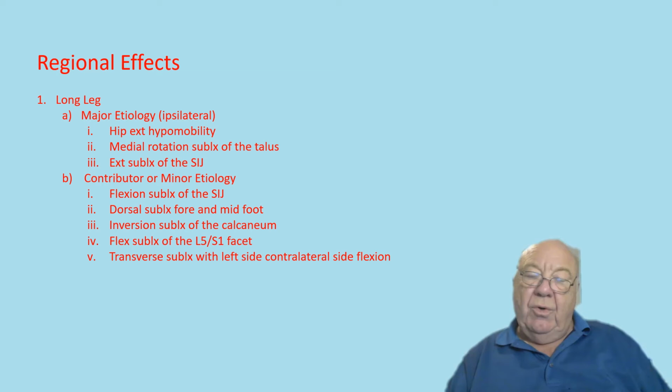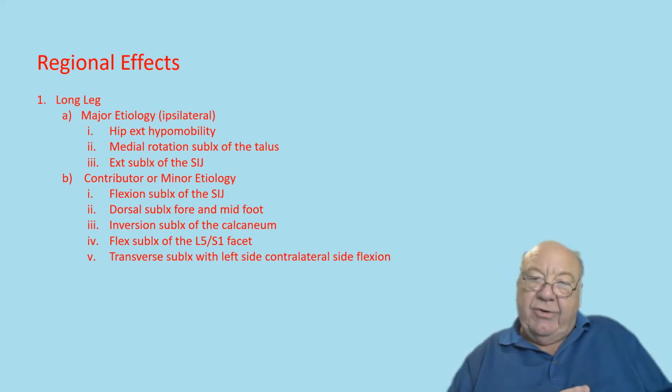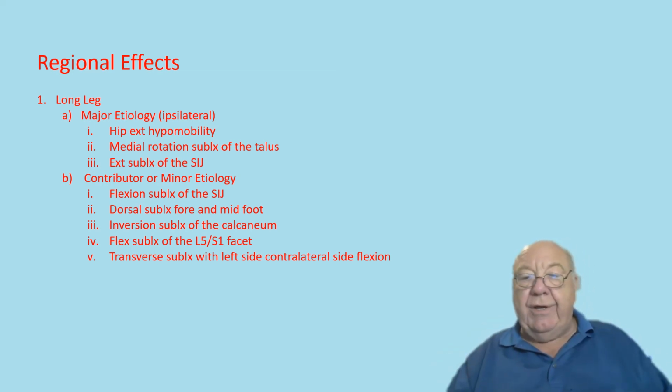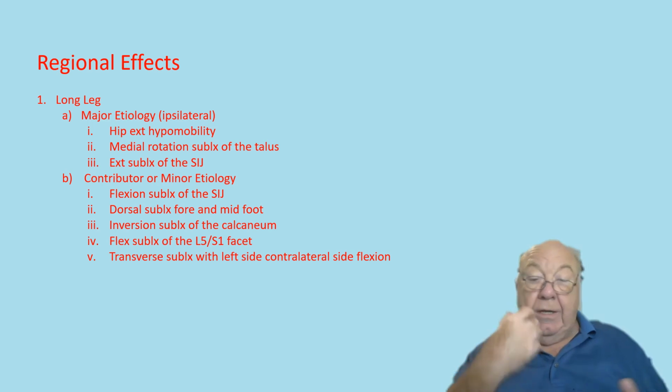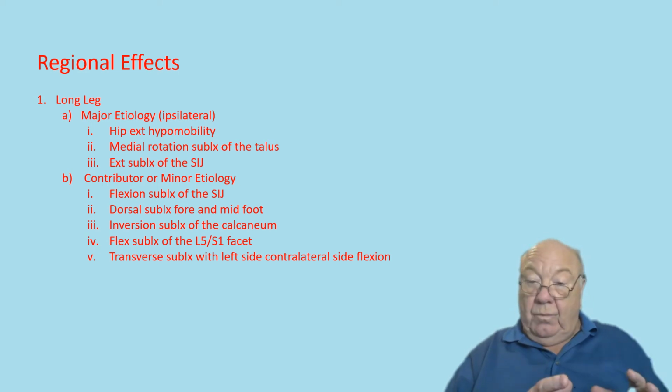The knee will valgus a little bit and hyperextend. The innominate will rotate anteriorly, and the spine will become concave on that side, extending those joints and shortening that leg.